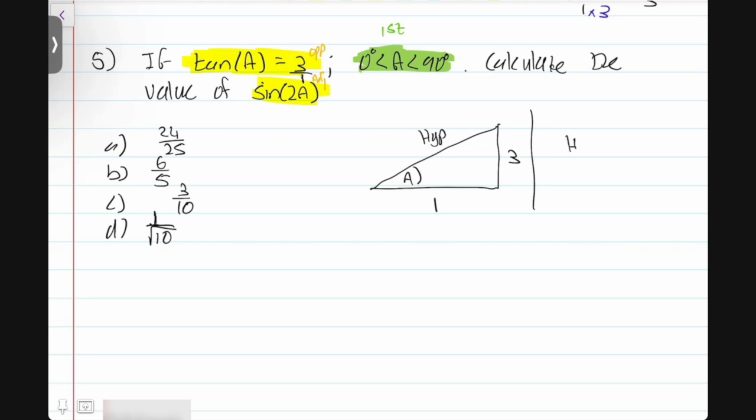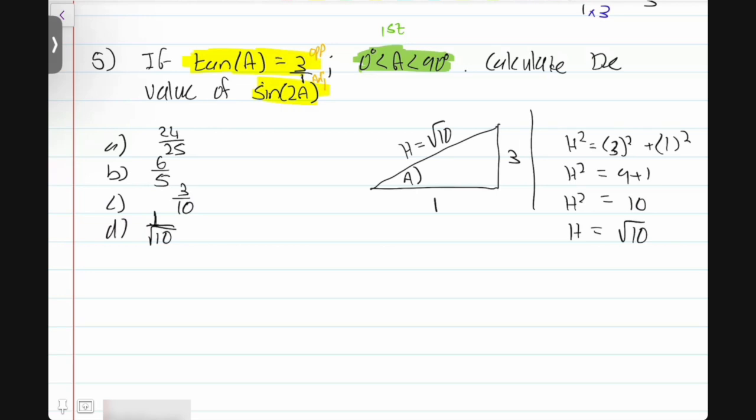Hypotenuse squared is equal to 3 squared plus 1 squared, so 9 plus 1, which is 10. So hypotenuse is just the square root of 10. Easy stuff.